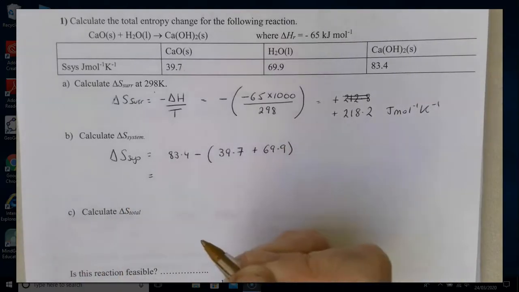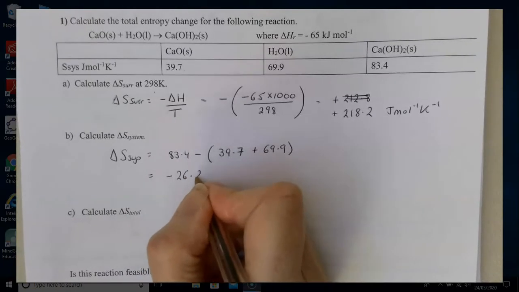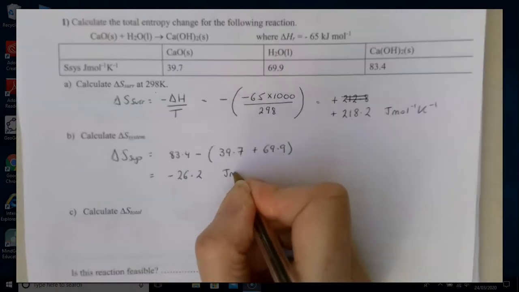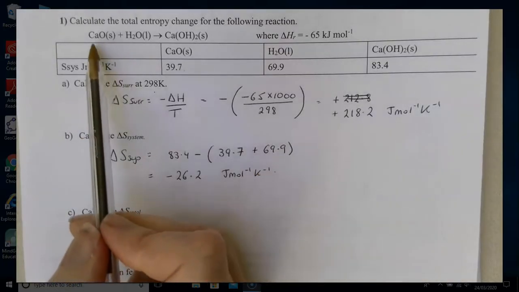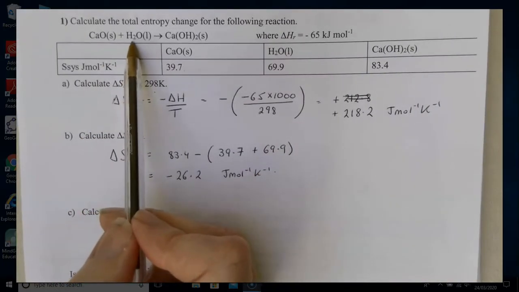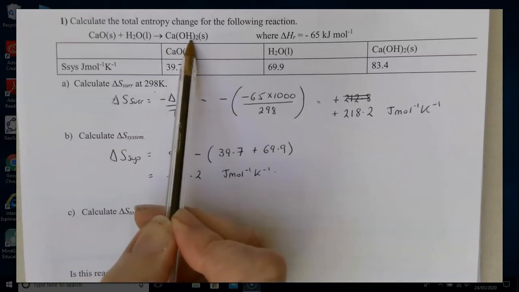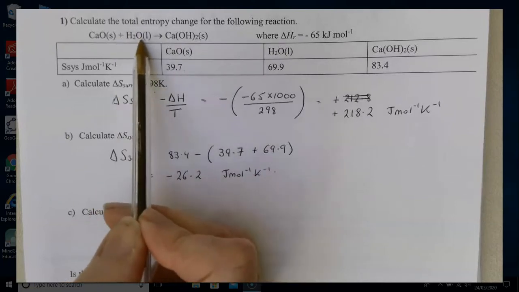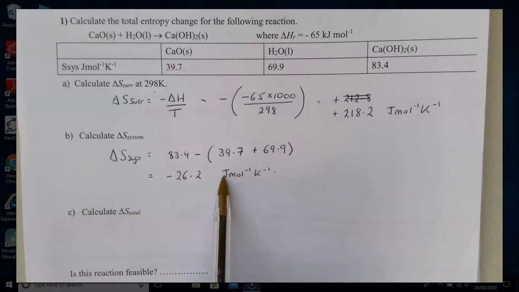And again, if I plug that into my calculator, I should get minus 26.2 joules per mole per Kelvin. Now that makes sense because I'm going from 2 moles of reactants to only 1 mole of product, so that's a decrease in entropy, and also I've got a liquid here which is turning into a solid here, so I'm expecting this number to be negative.